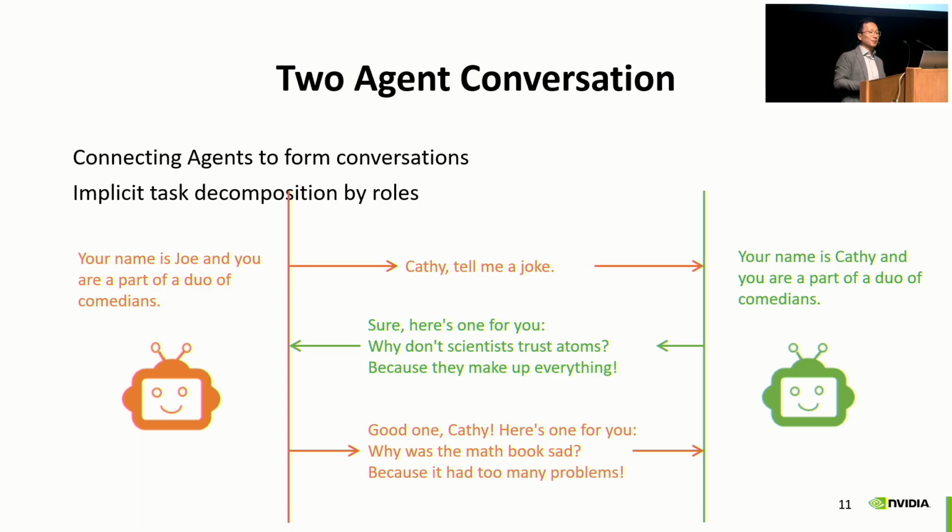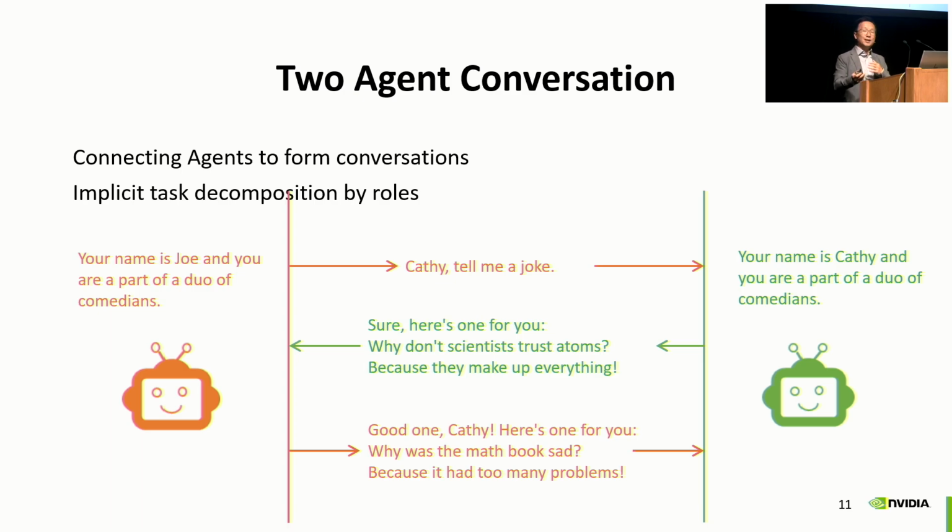Now, previously we discussed planning, memory, and tools, which are key components of a single agent. Here, we want to connect agents together to form a multi-agent system. For example, we can connect them and let them converse with each other, let them talk to each other. LLMs are trained with conversational skills. That's why you can create a chatbot with an LLM. So they are super good at conversations.